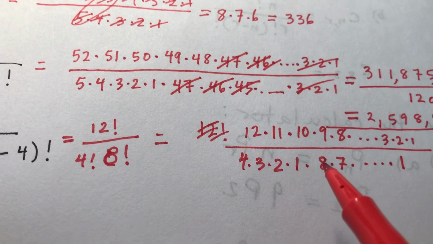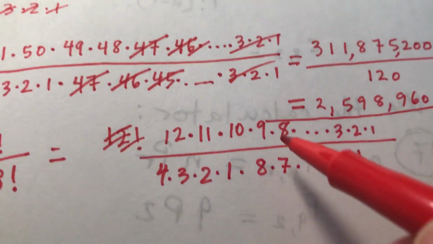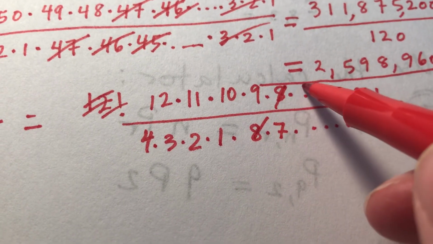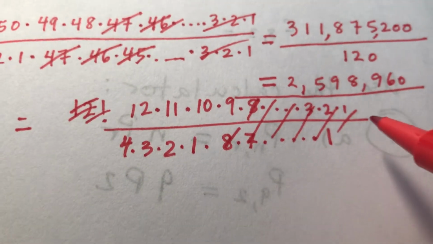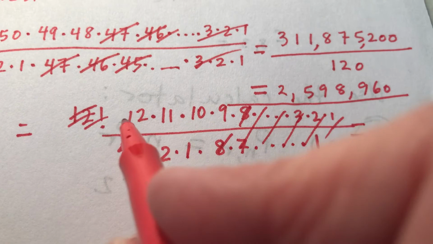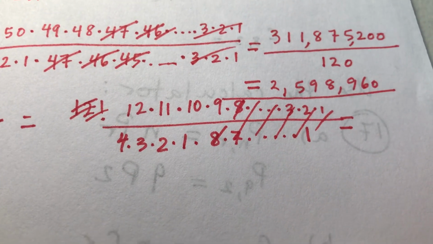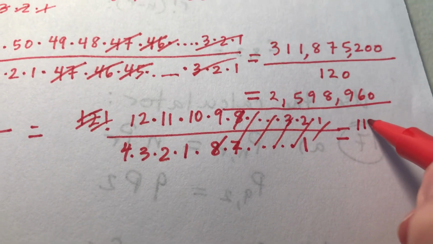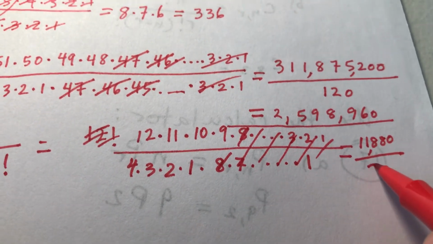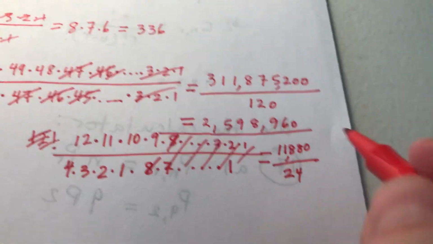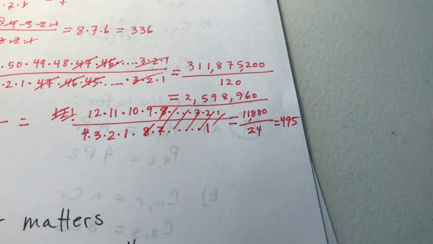But I knew that the 8 and the 7 and all of this cancels from 8 down. So I took 12 times 11 times 10 times 9 in my calculator, and I got 11,880. So 11,880 divided by 24 gives 495. All right, I'll be back to show you how to do this on a calculator.